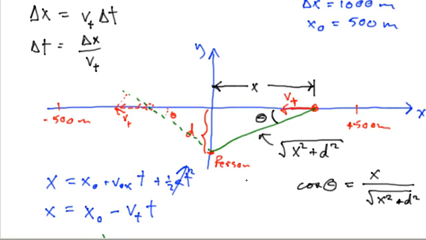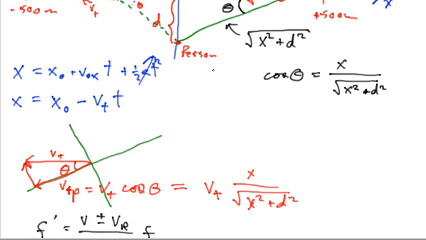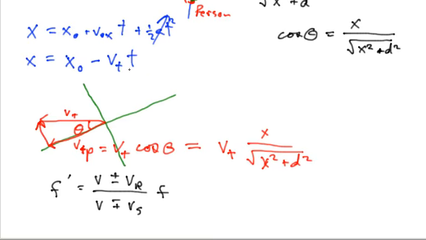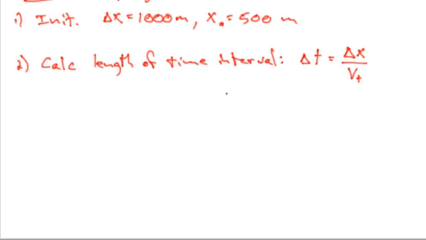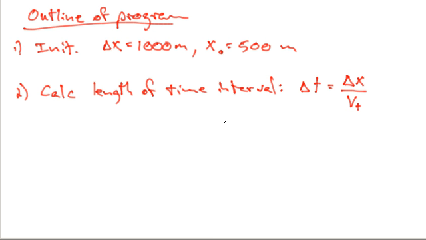Okay. Then create a time array. I'll call it times, equal linspace from 0 to delta t.